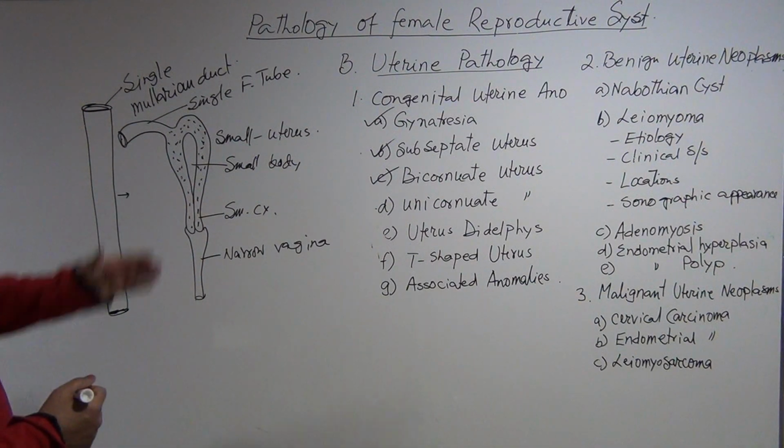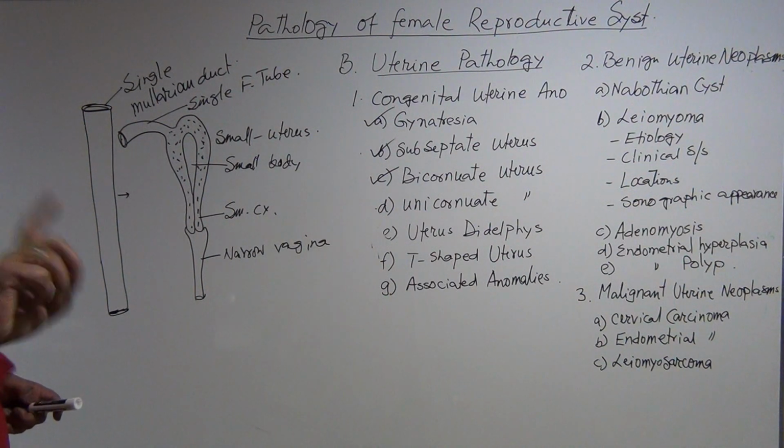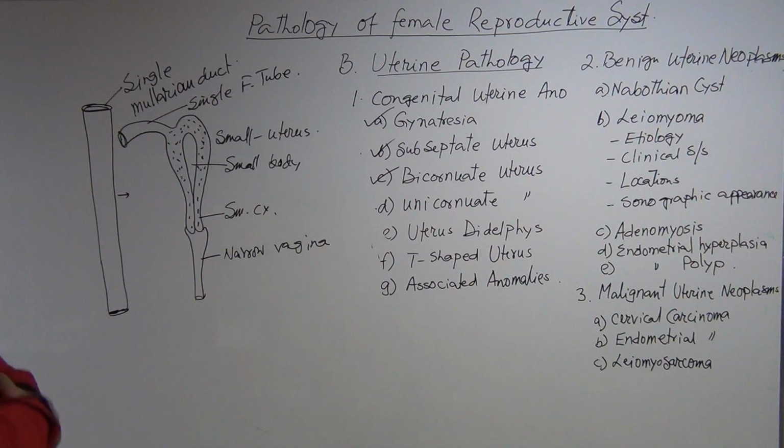Now, how can I diagnose that this is unicornuate? Normally, it's very hard to diagnose because it looks like a normal uterus.